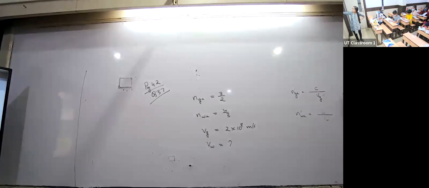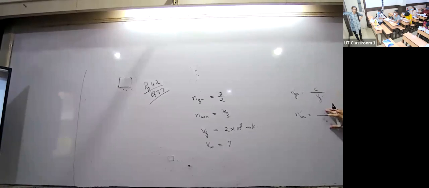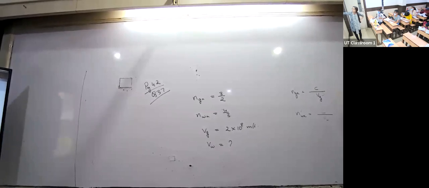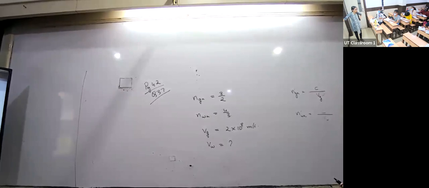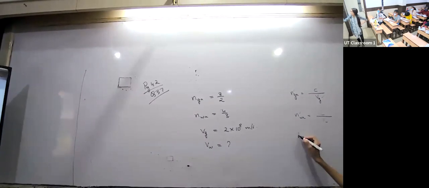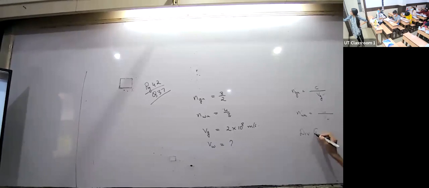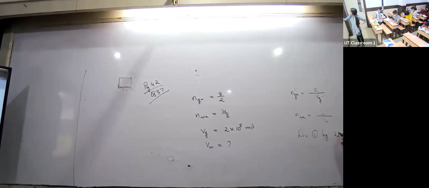I will name this as 1 and this as 2. I know this C is common in both. If I divide 1 by 2, these two will get cancelled. Are you ready? Do you see what I'm trying to say? Okay, so divide 1 by 2.